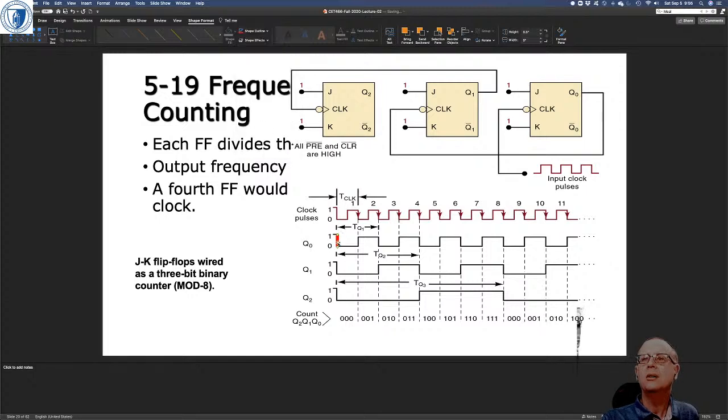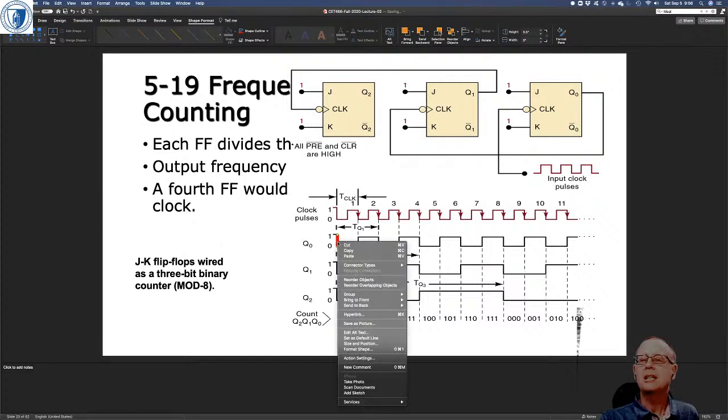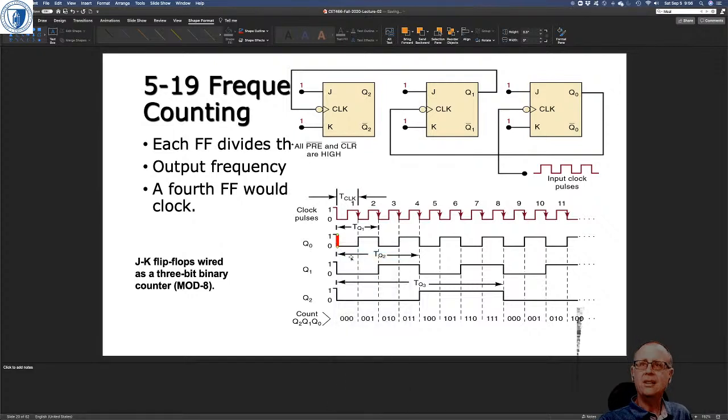There we go, right? So the interesting thing for Q1 is the negative going transitions on Q0. So these are the interesting pieces here. And you can see again the difference between Q1 and Q0 is a factor of 2. So the difference between the original clock and Q1 is now a factor of 4.